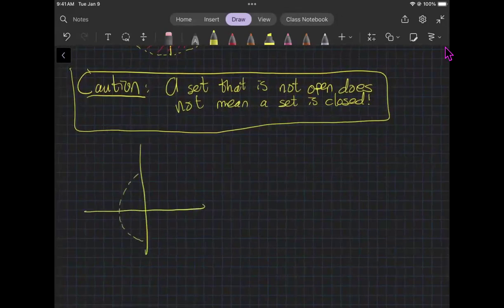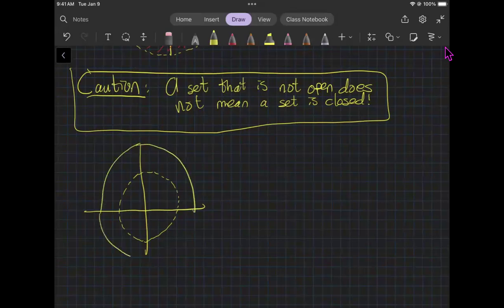We could have one annulus where one boundary is not included, but we'll have another boundary that is included, right? That is included.